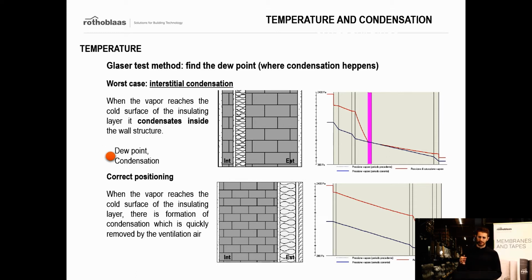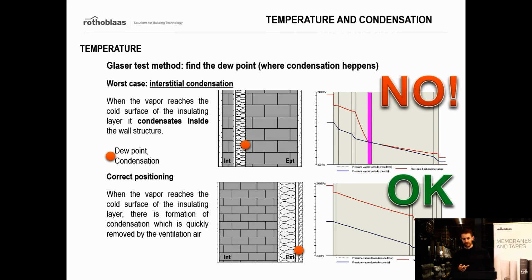If the two lines are colliding, like in the first case scenario, we really have an issue of condensation. In this case scenario, we have interstitial condensation. If the two lines are apart, that is not a problem. So the Glaser test worked, and we're sure, let's say, that condensation is not happening inside our wall.